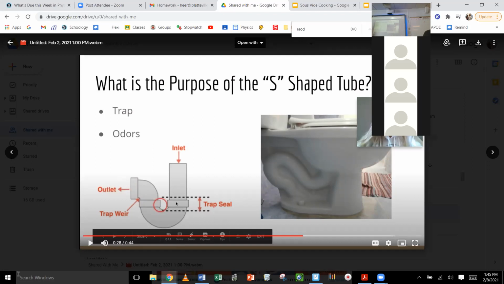The water bowl fills up so much that it forces the water down the tube and over that peak that I showed, and the gravity just forces it down the tube and into the sewer. I don't know if that answers the question or not. Alrighty, that works.